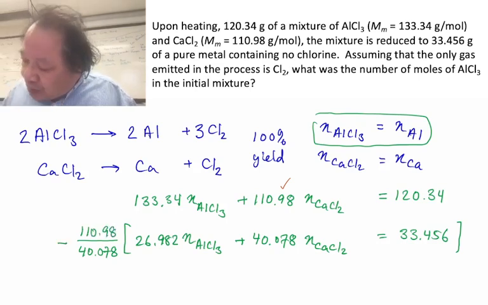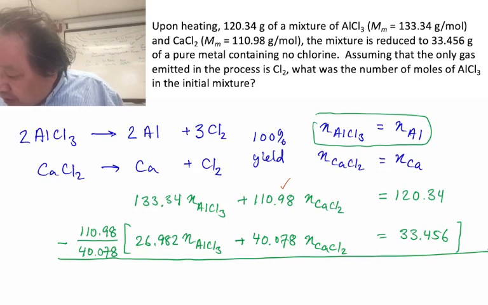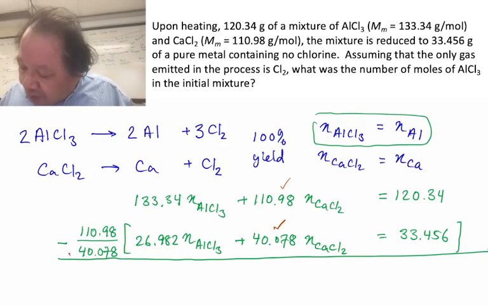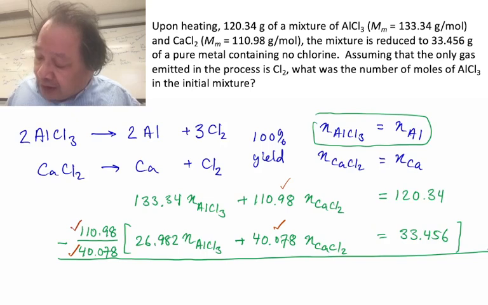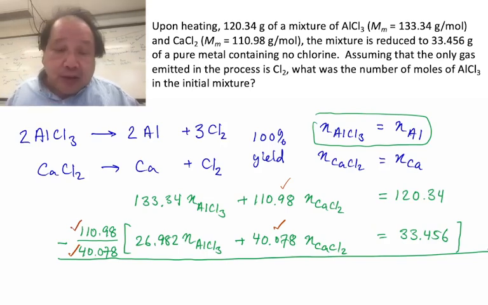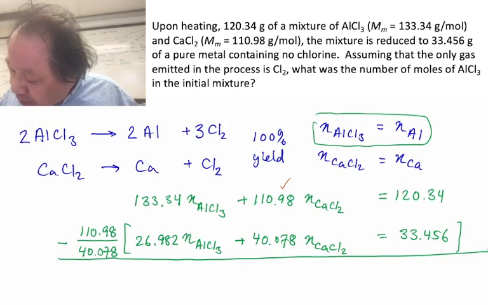And then I'm going to subtract the bottom equation from the top equation. So let's just see why that's good. 40.078 here divided by the 40.078 here, they cancel. We're left with a 110.98, and when I subtract that from the plus 110.98, we remove all the moles of CaCl2. So that's the math we want to do.